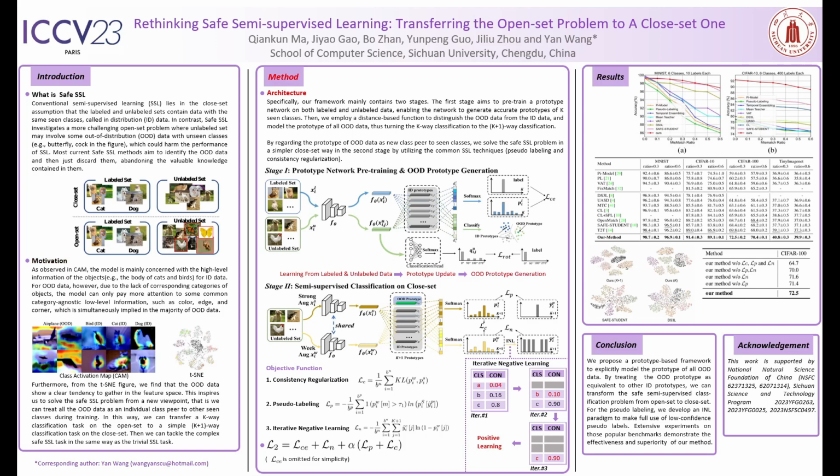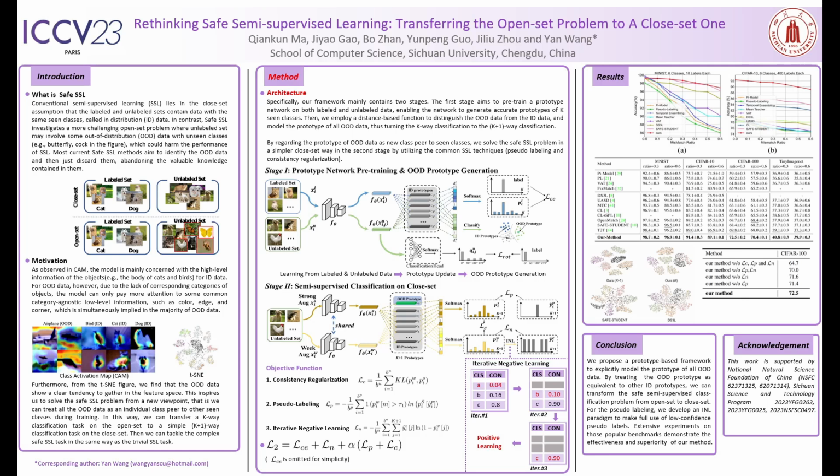Specifically, our framework mainly contains two stages. The first stage aims to pre-train a prototype network on both labeled and unlabeled data, enabling the network to generate accurate prototypes of k seen classes. Then, we employ a distance-based function to distinguish the OOD data from the InD data, and model the prototype of all OOD data, thus turning the k-way classification into the k+1-way classification.